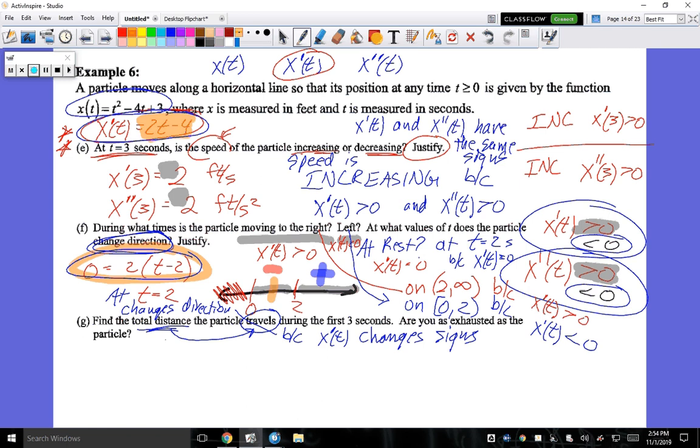Guys, how can I determine the total distance this has traveled? What can I do? I'm going to do f of b minus f of a. I'm going to do the change in position for sure, otherwise the displacement.